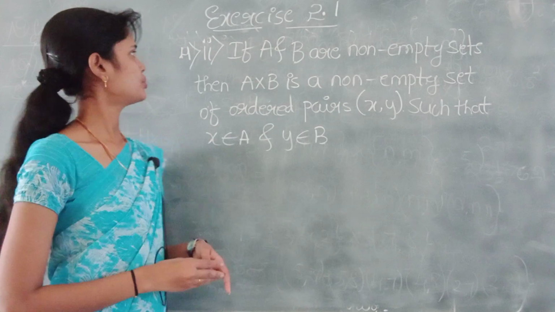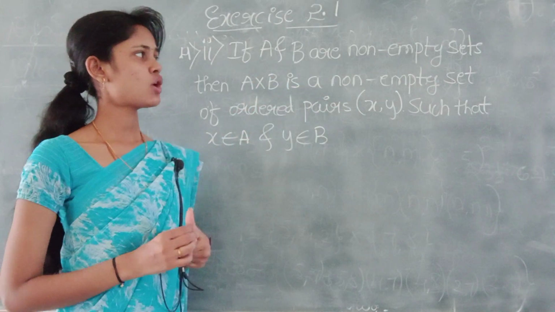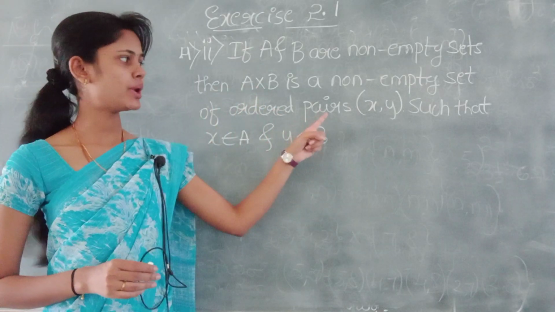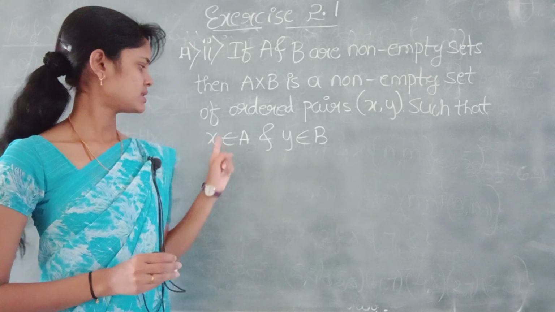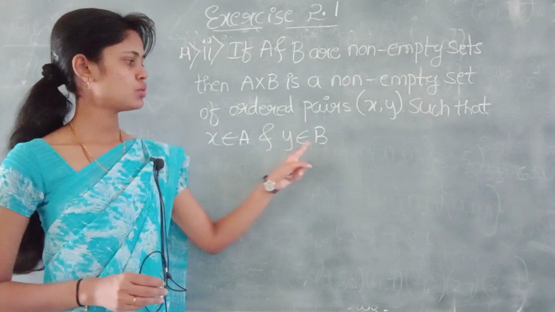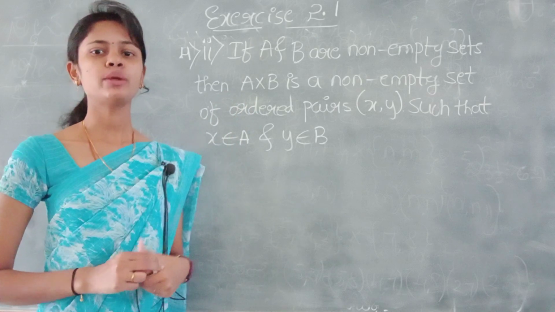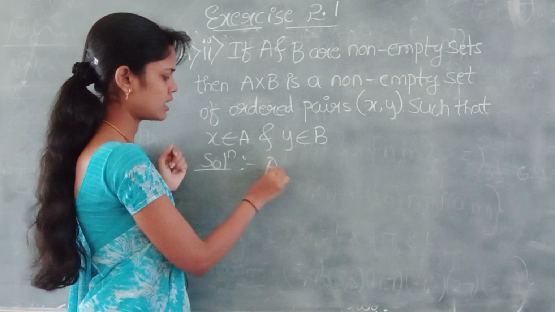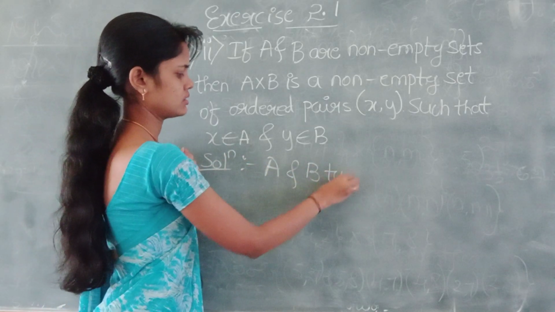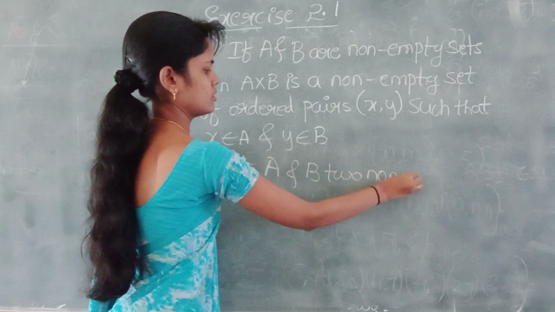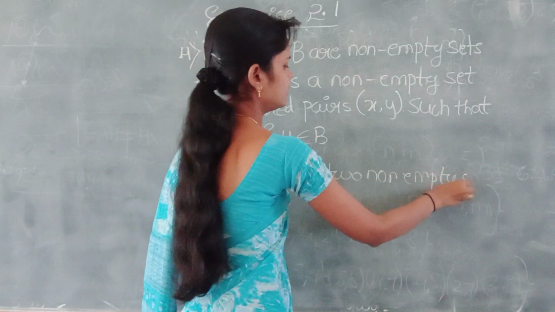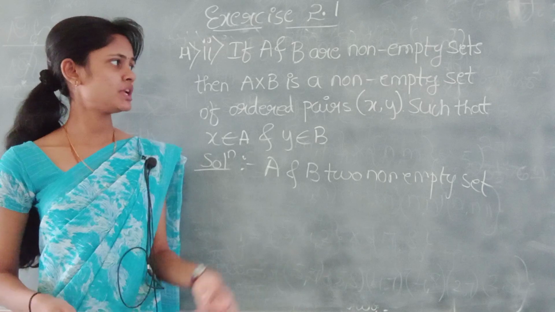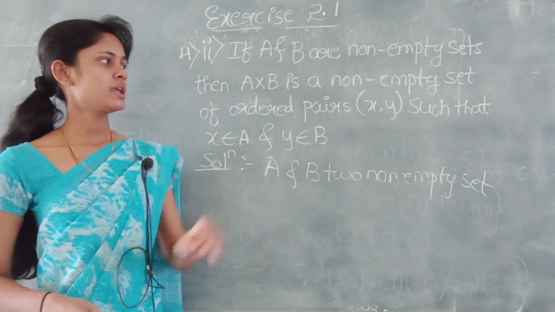Next example: if A and B are non-empty sets, then A cross B is a non-empty set of ordered pairs x, y, such that x belongs to A and y belongs to B. See here two non-empty sets are there, A and B. Then they have also said A cross B is a non-empty set of ordered pairs x, y.